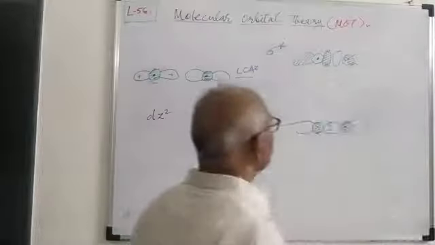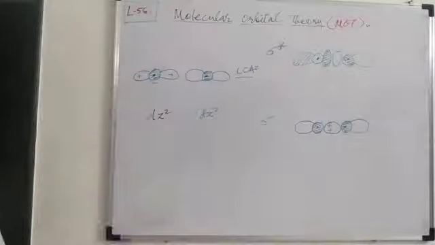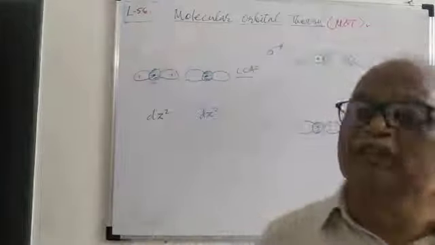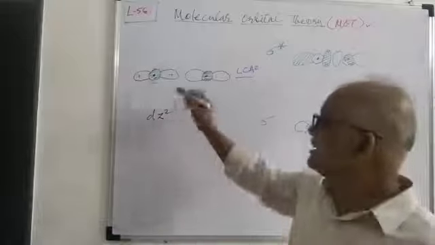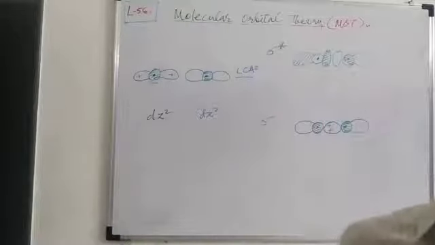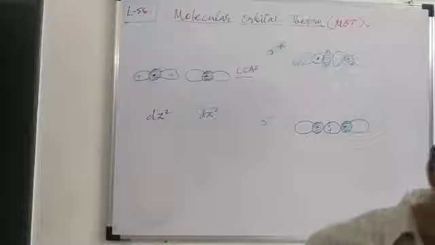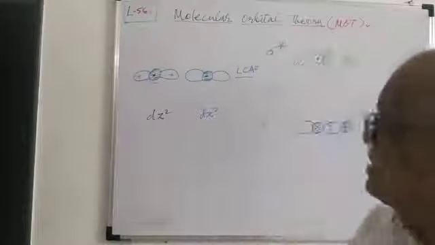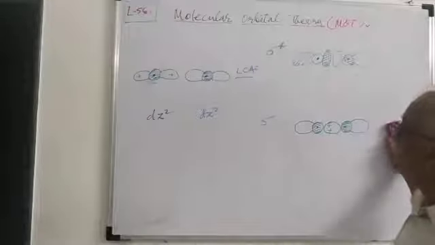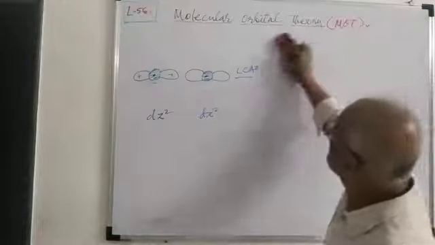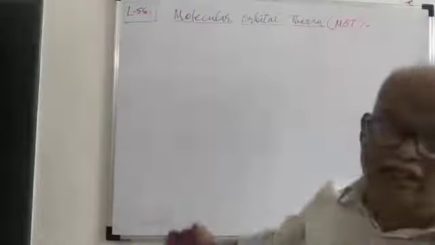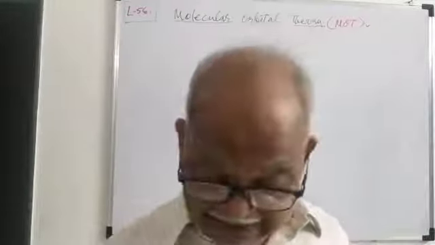So shaded lobes will indicate minus sign of wave function, and unshaded region will indicate the plus sign of wave function, that is positive sign. So this will show how the molecular orbitals of sigma type are formed from dz2, because the dz2 orbitals are oriented in the z direction.